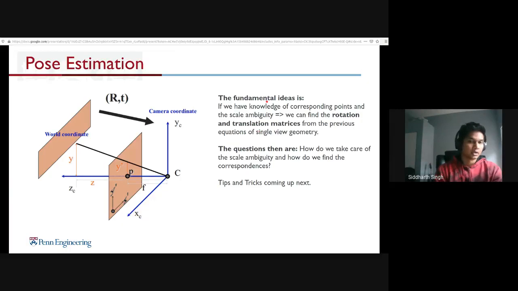The fundamental idea that we are trying to bring forth is that if we have knowledge of corresponding points, and when I say corresponding points, you can try and remember what we did in scan matching. We tried to find corresponding points, right?